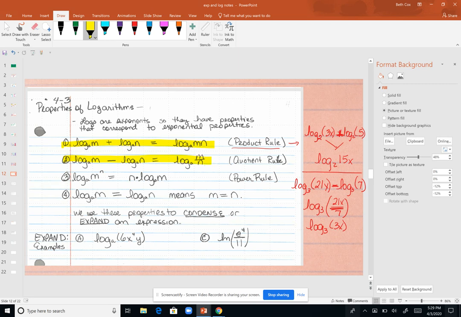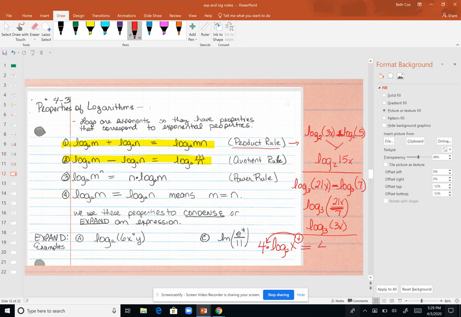Now, the biggest one, or the most important one, or not necessarily, they're all important, but one of the best ones is number 3. If I have a log base 2 of, say, x to the 4th, this property lets me take the 4 and put it in front as a multiplier.